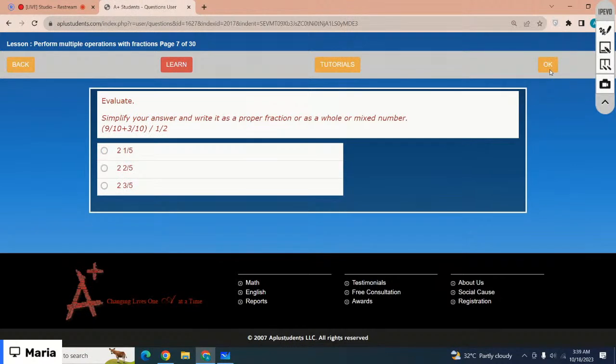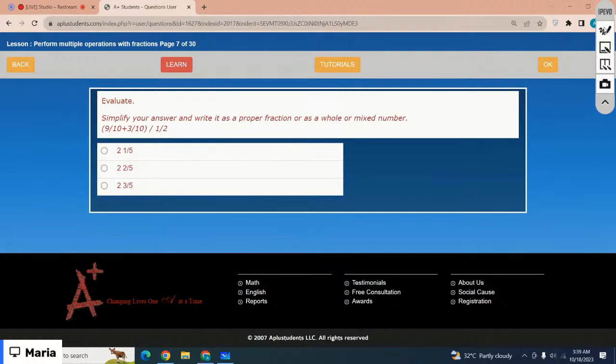Okay, simplify. Which is the correct option? Okay, 3 by 10 plus 9 by 10 is 12 over 10.